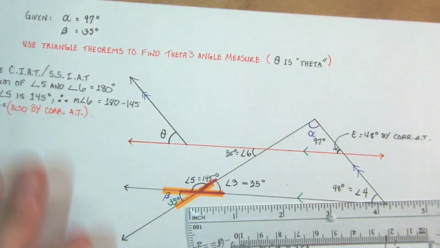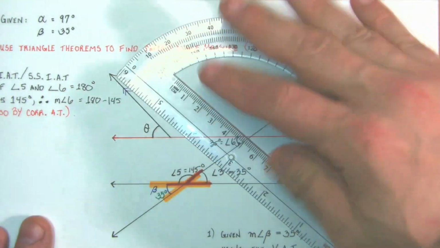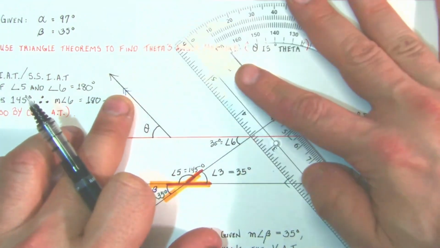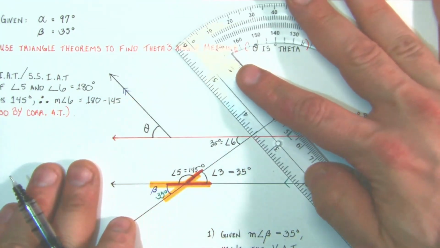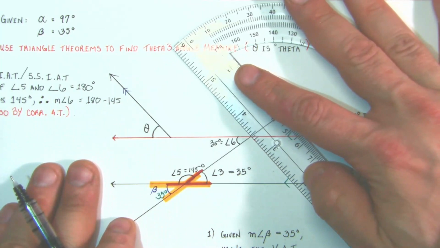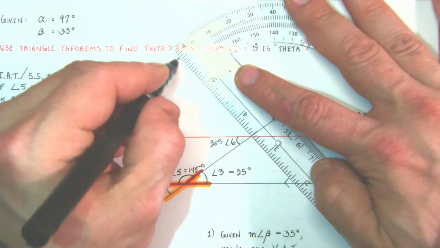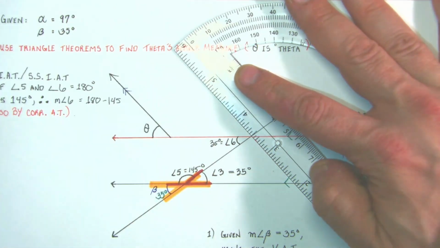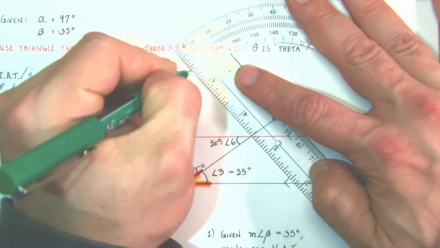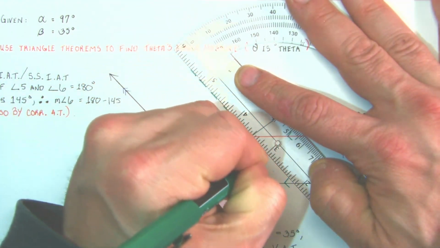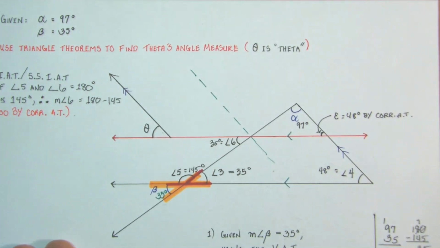There is something we could do, and it's just to shift this line over. Like, keep it parallel and shift it over and have it cut through here. Like, the way I'll do that is I'm going to dot it in like this. And let's see if that helps us at all.